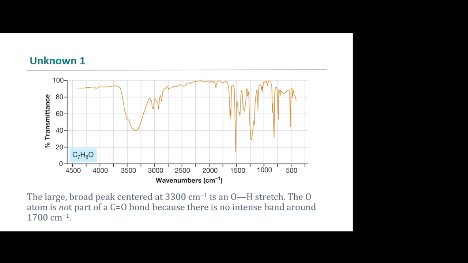So if you had 7 carbons, how many hydrogens should you have? We should have 16. Yes, 7 times 2 plus 2, right? And so that would be 16.